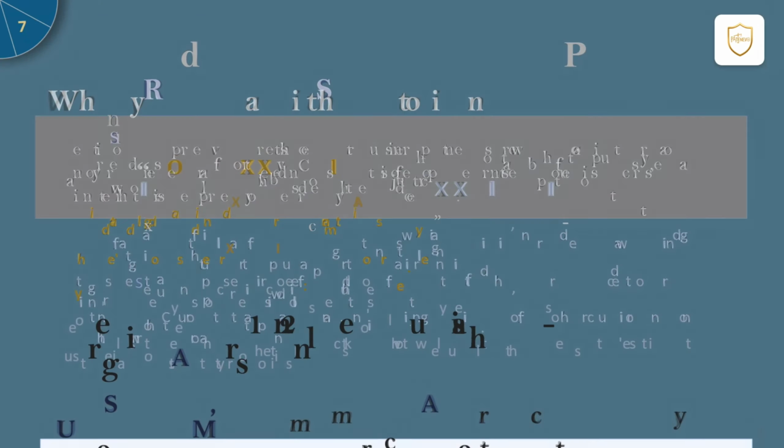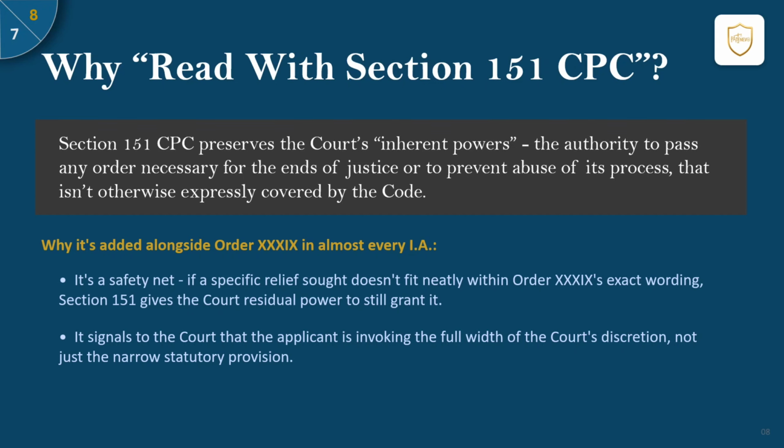Now, you have seen the heading of every IA you will ever draft: under Order 39, Rule 1 and 2 read with Section 151 of the CPC. So the question comes, why is Section 151 always tagged along?